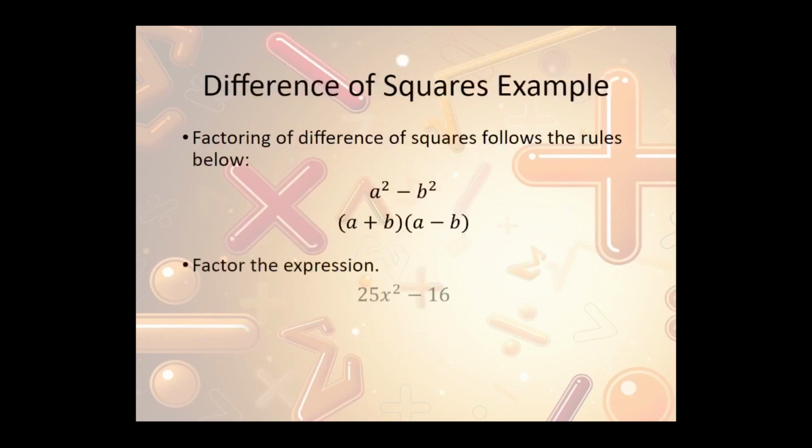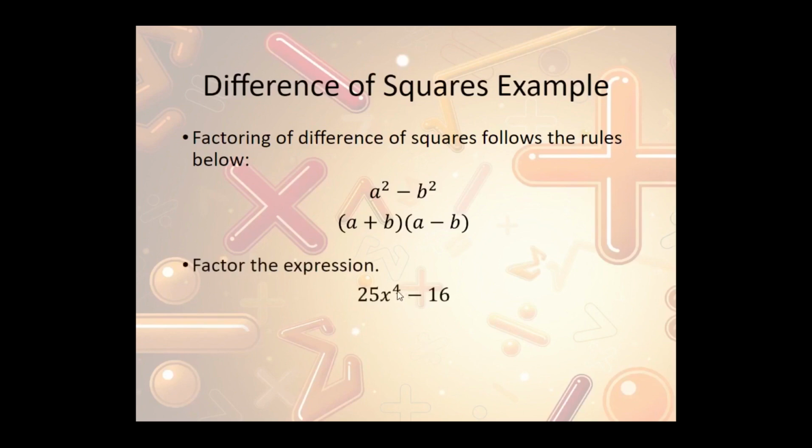Let's look at another example. We have 25x squared minus 16. Well, 25x squared is really 5x squared, and 16 is really 4 squared. So we can rewrite this as 5x plus 4 times 5x minus 4, and that's our factored version. Let's look at another example. 25x to the 4th minus 16.